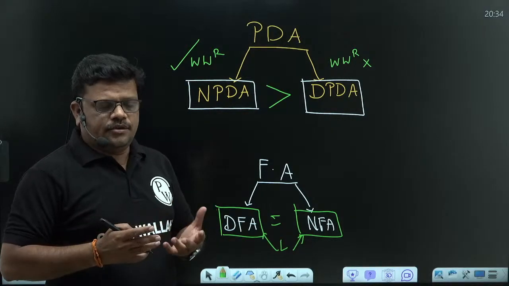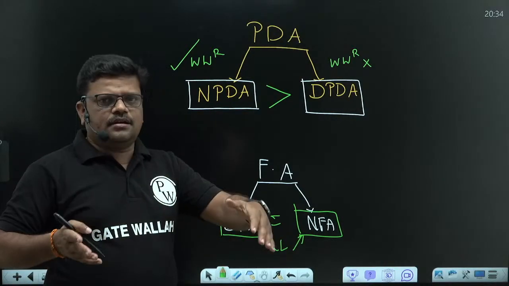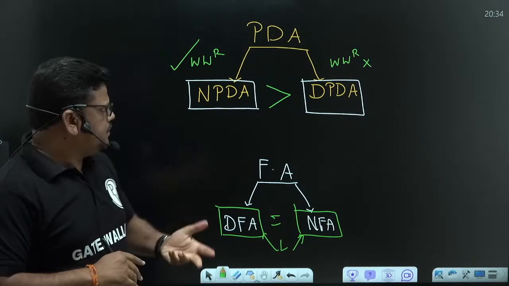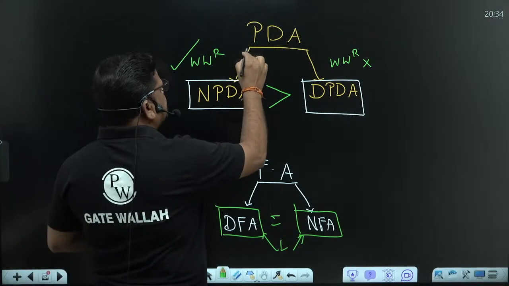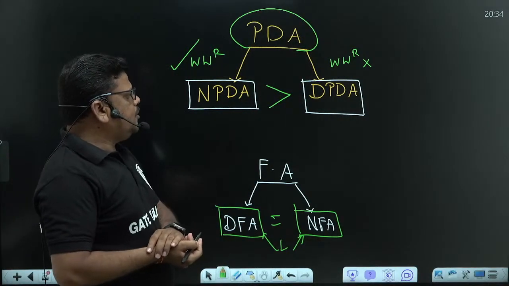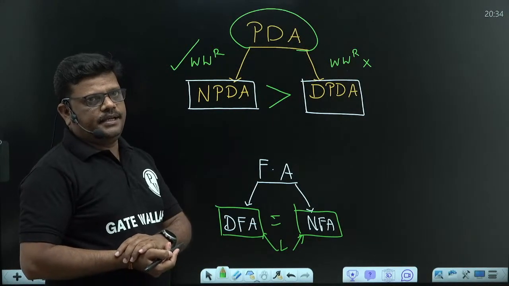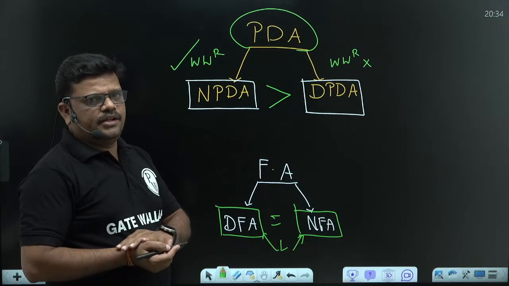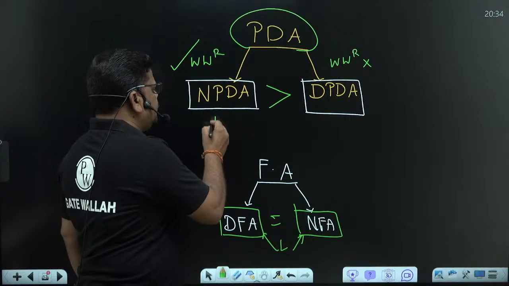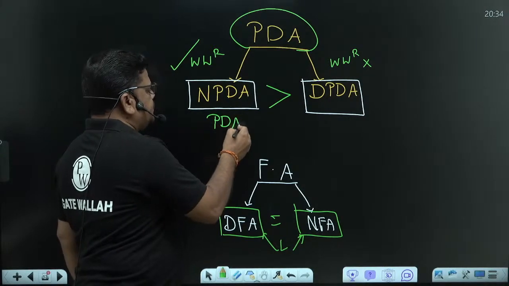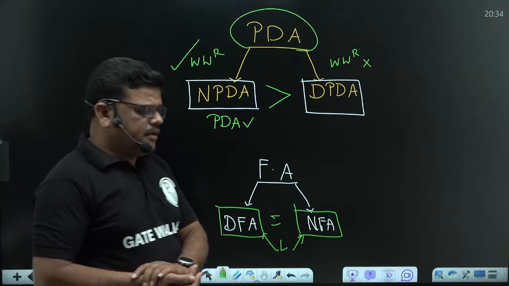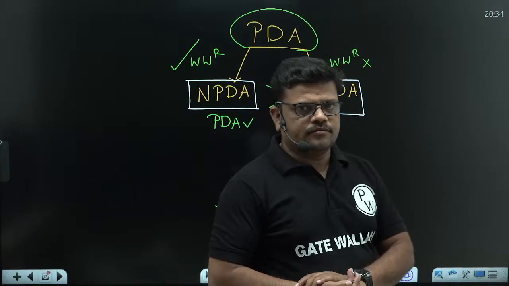Like this, within the same machine there are different powers. In pushdown automata, in its subcategories, we have differences. That is, NPDA has more power than DPDA. That's why whenever we mention pushdown automata, by default we consider NPDA. NPDA comes under the general default pushdown automata. Right.